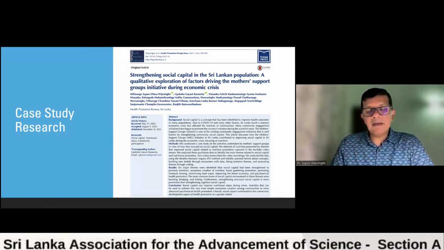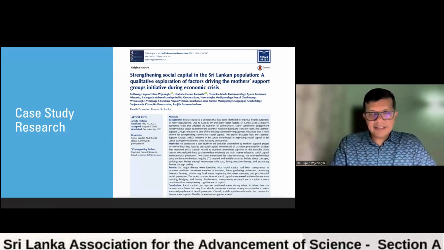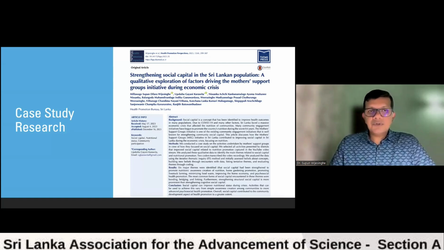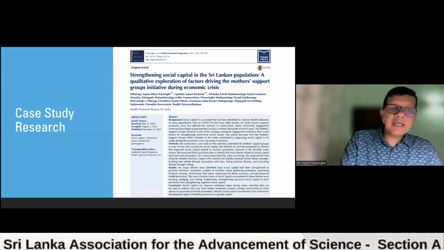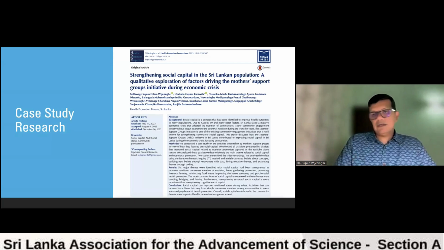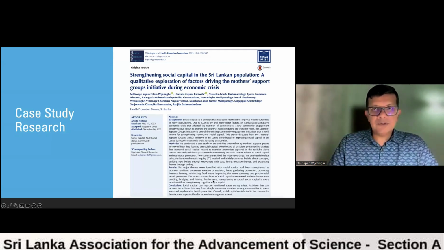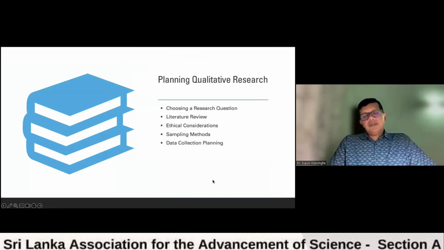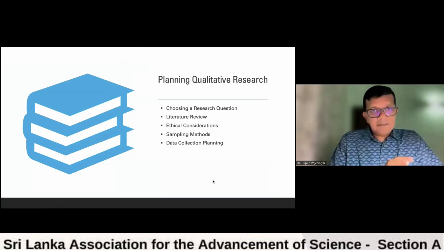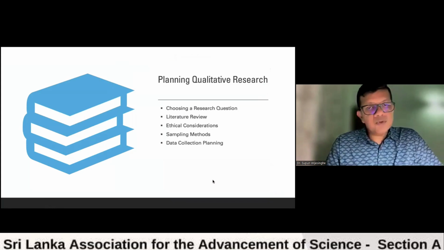So it's an interesting paper, one of the few that has been published in Sri Lanka. If you are interested, you can go through it. This is using the case study approach, so you have a detailed description of how we have used the case study approach. Right, that brings us to the end of the approaches.